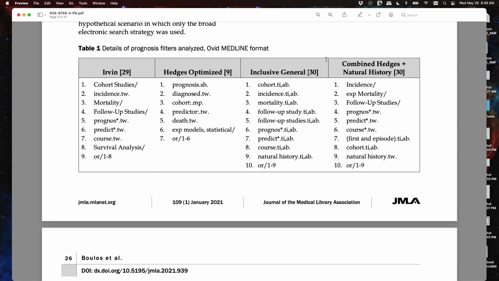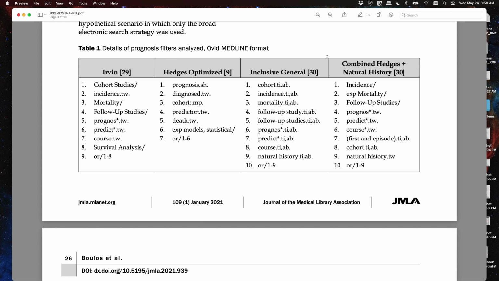And these are the terms that are included here. So cohort studies, follow-up studies, we can see survival analysis, we can see in the other filter the terms incidence and mortality. So except for mortality, all the other terms are associated with cohort studies.